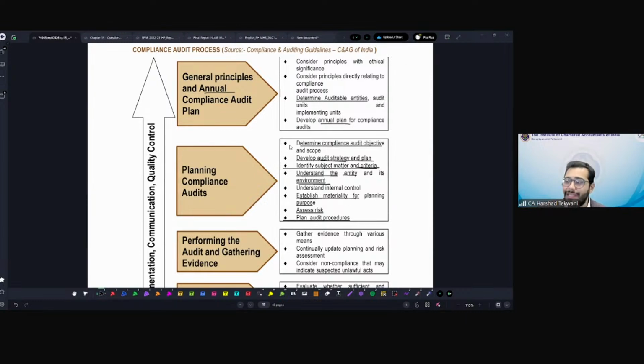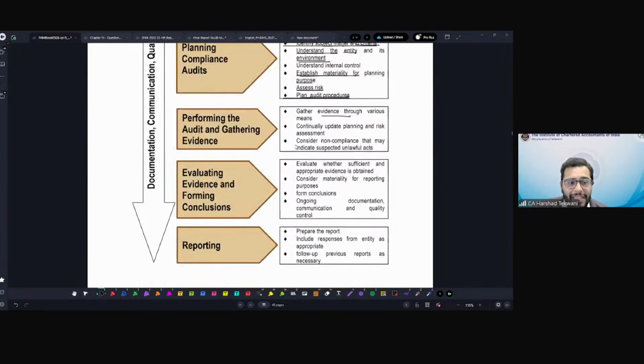Remember, we saw that these samples are selected based on materiality. You plan audit procedures, what bridges, what PIUs or projects they will audit. You gather evidence, then you evaluate the evidence, you form the conclusions, and then you prepare the report, the reporting that we have seen.